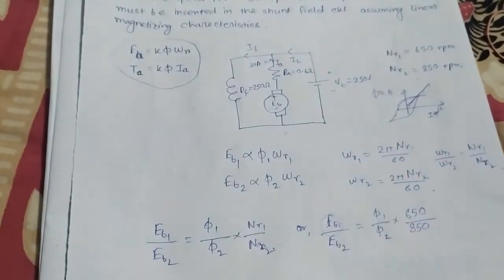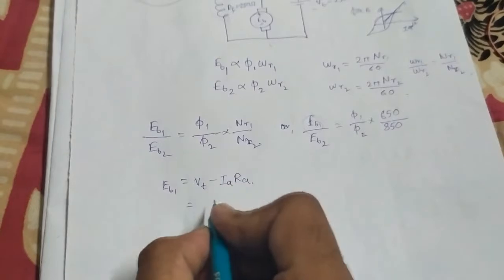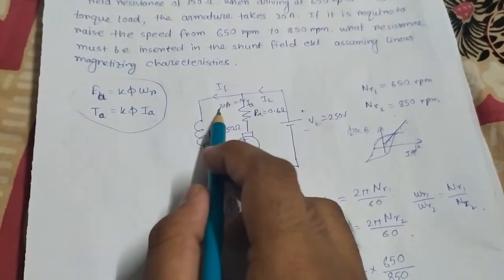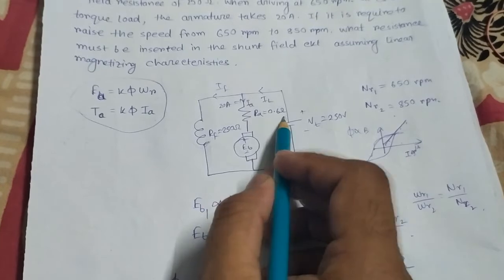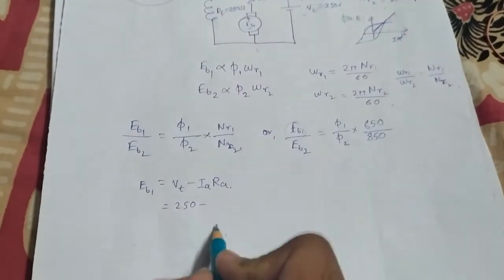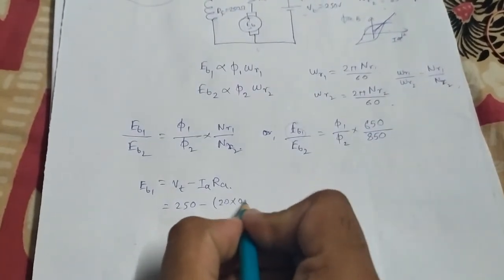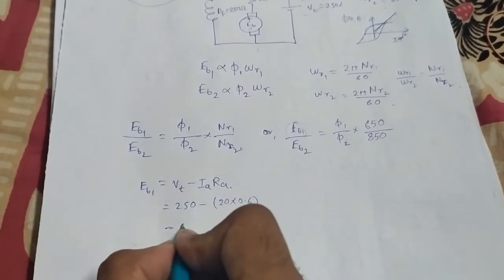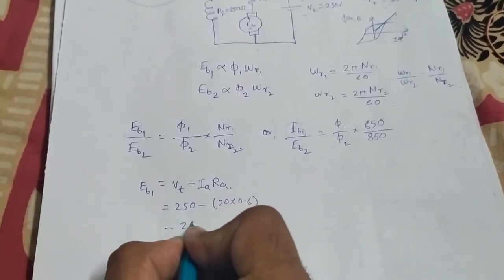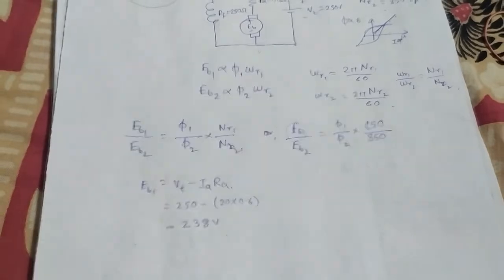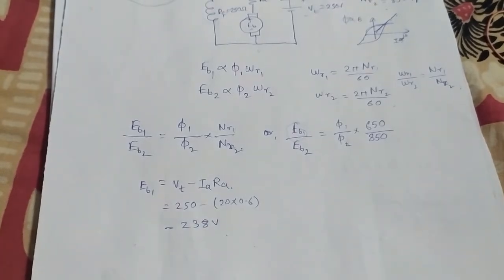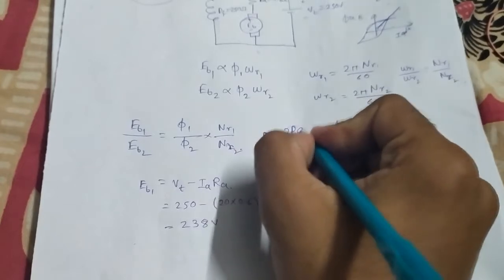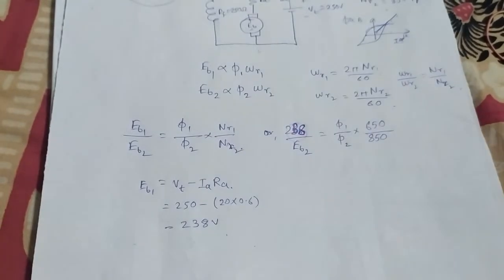So write it here: 250 minus Ia, which is given as 20 ampere, and Ra is given as 0.6 ohm. So 20 into 0.6 will be 12. So 250 minus 12, 238 volt, right? So we are putting this value here, 238 volt.